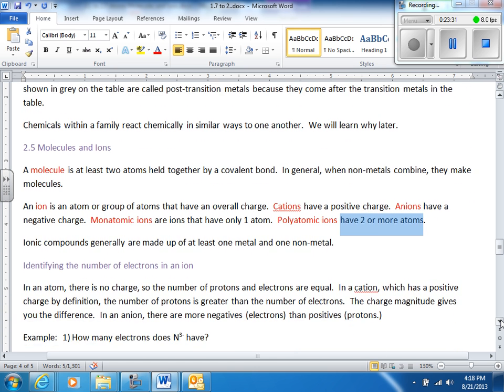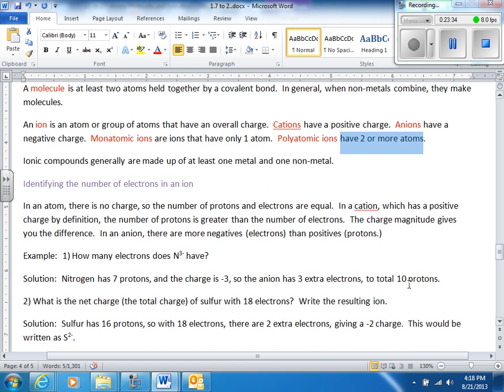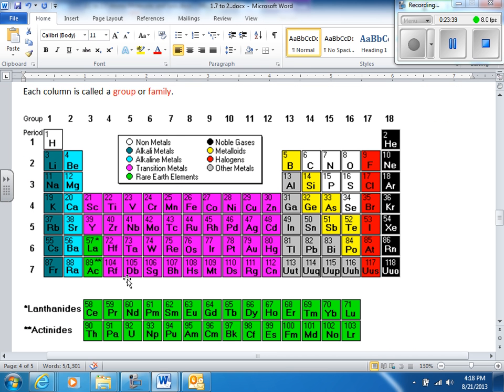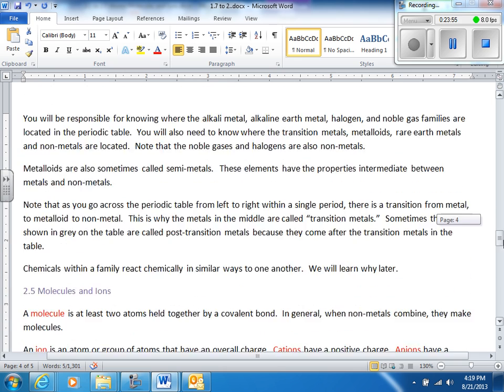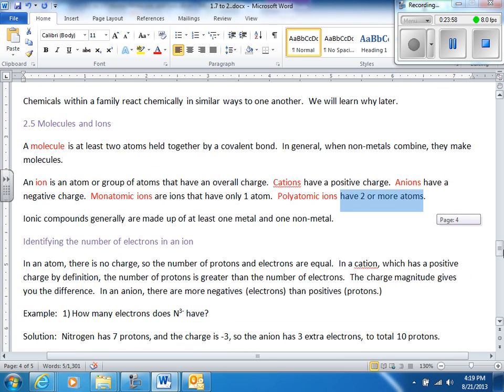The names pretty much give you their definition. And ionic compounds are usually made up of a metal and a nonmetal. So if we put together a metal and a nonmetal, we have an ionic compound. If we only have nonmetals together, two or more atoms in the same substance, we have a molecule. Molecules can be compounds or pure elements.